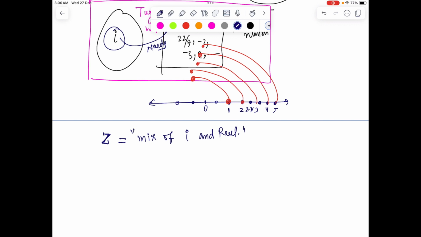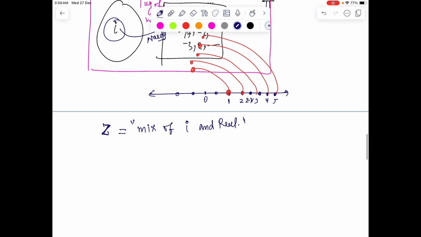Now this mixture makes sense because all real numbers will be sitting here on the x-axis, and when I multiply them with iota, it will transport them to a new world. So this is the new location, and this was the old location.